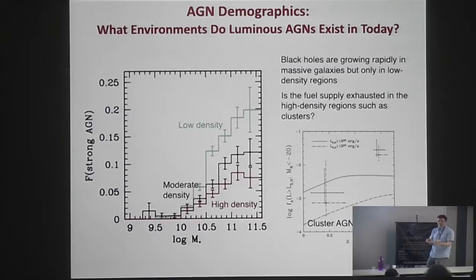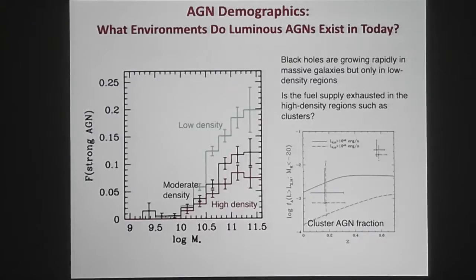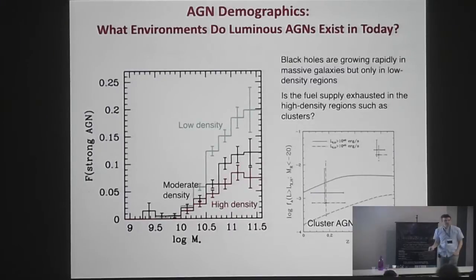It's moving along, but it's really not adding much mass. It's not doubling its mass. You really need high accretion rates to start adding lots of mass to the black hole and growing it. So this is telling us that black holes will end up growing in low-density environments, and do not grow so much through accretion in high-density environments.